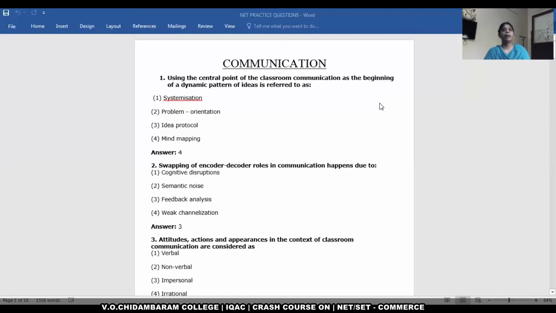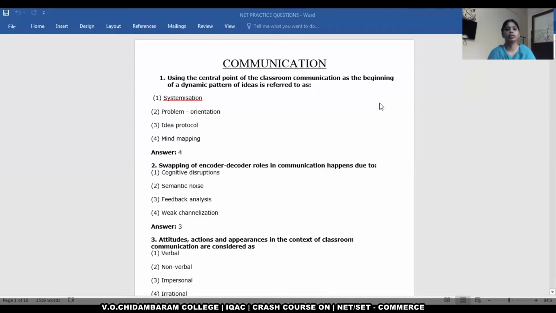Mind mapping is words, ideas, or concepts linked to or arranged around the central concept. So this option best suits the question, and that's why the answer is mind mapping. That's how we have to read the question: understand the question and then go on to answer it.